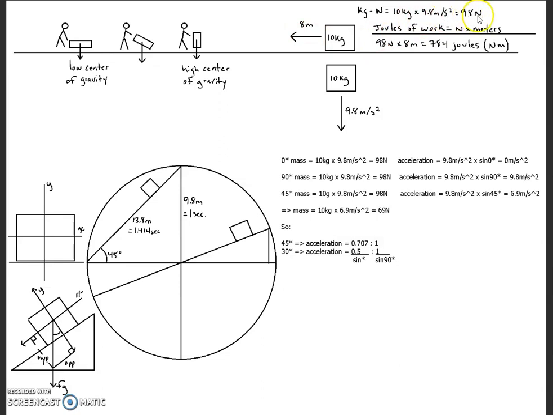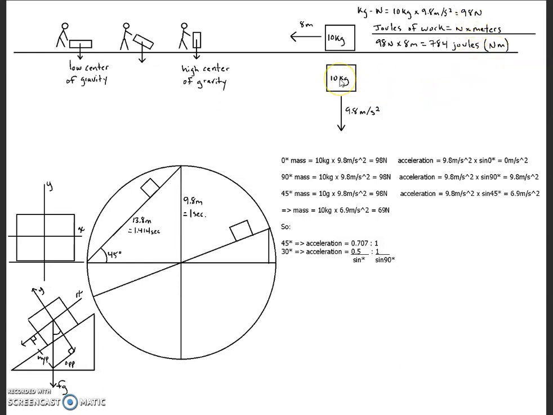So we end up with 98 newtons. And if we deal with joules of work equals newtons times meters, so 98 newtons times 8 meters equals 784 joules or newton meters. So if we got 98 newtons here.